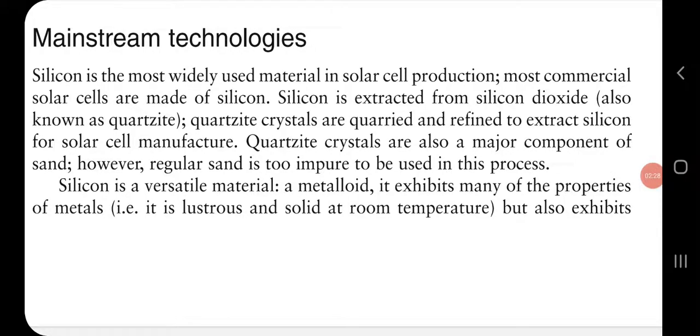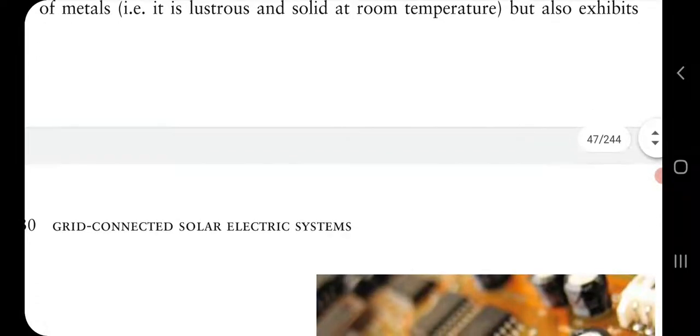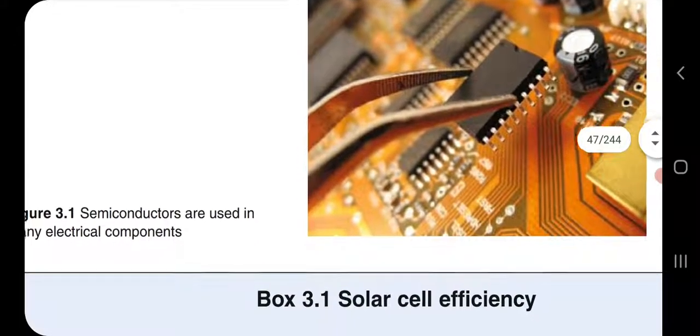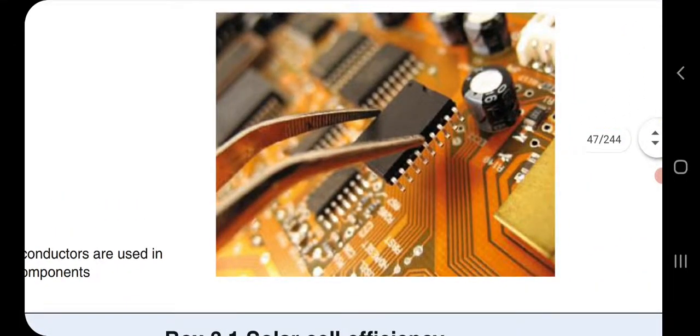In mainstream technology, silicon is the material used to produce a solar cell. Most commercial solar cells are made of silicon only. It is extracted from silicon dioxide. You can see these semiconductor devices in many electrical equipment.